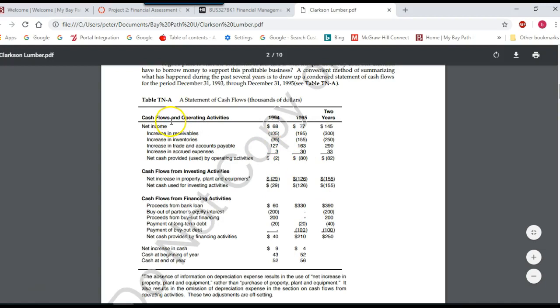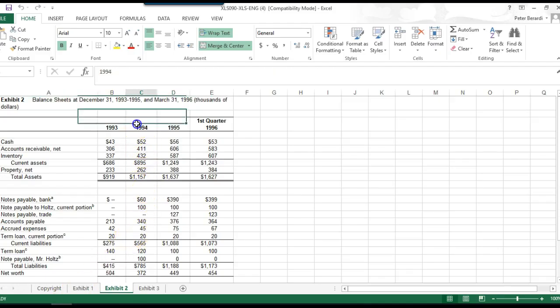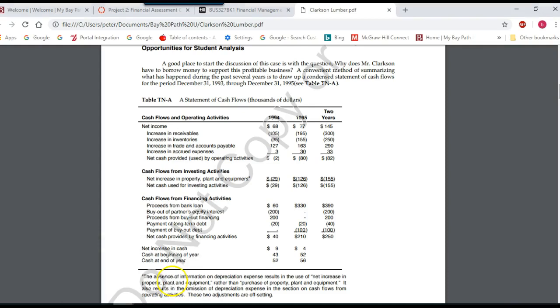So here's the cash flow and operating activities, 1994 and 1995. And that's based on this balance sheet of 1994 and 1995. You can extend it through the first quarter of 96. Cash flow from operations.